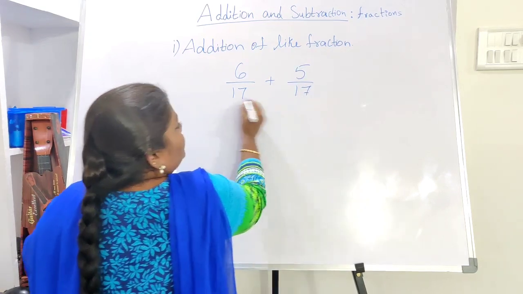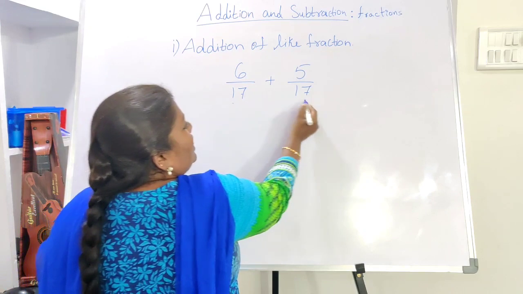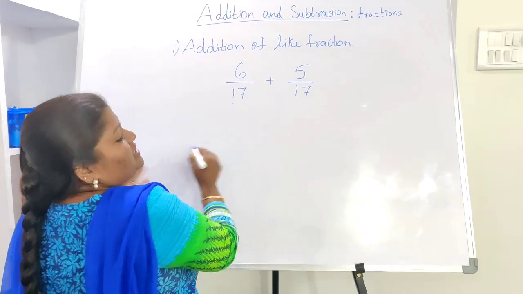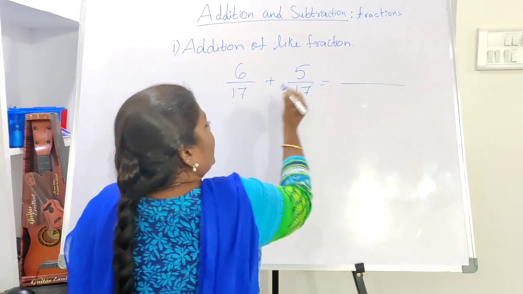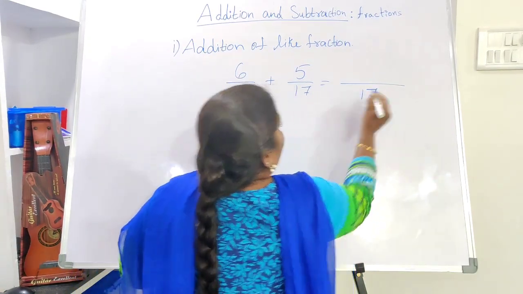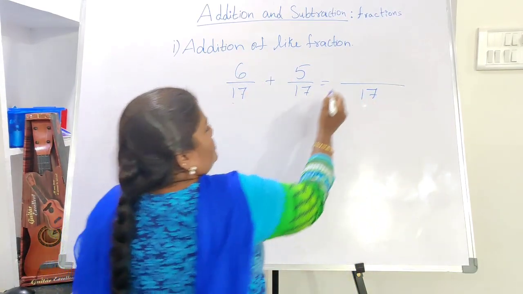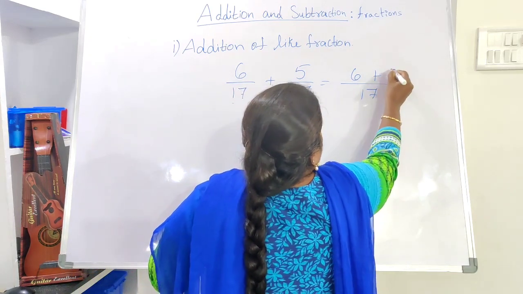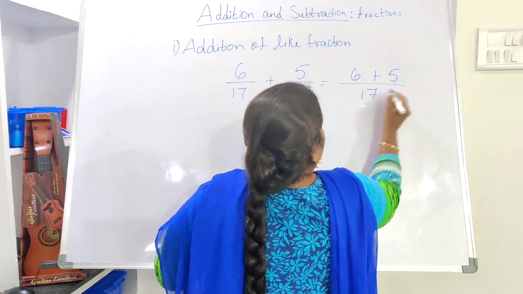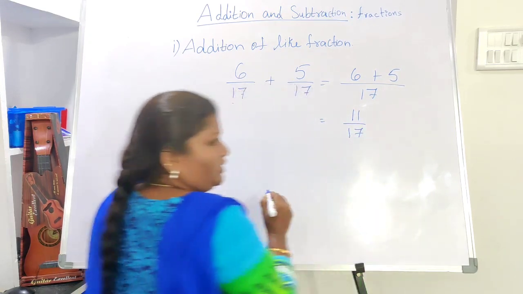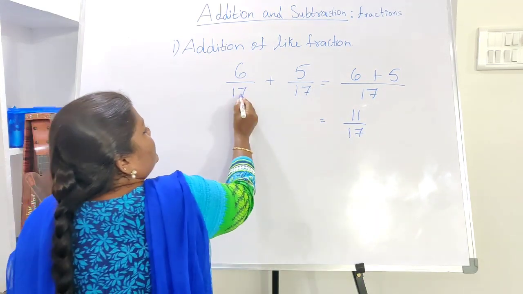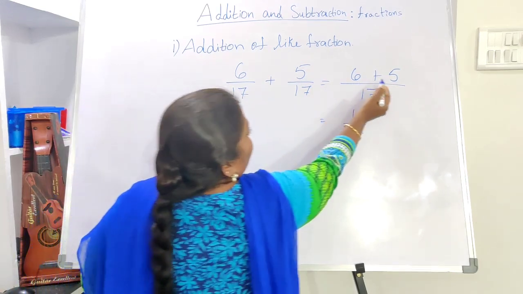Here you can see that both the denominators are the same. In this case, you just write the denominator as it is and add the numerators. 6 plus 5 is 11 by 17. So when it is like fraction, you just add up the numerators and write down.